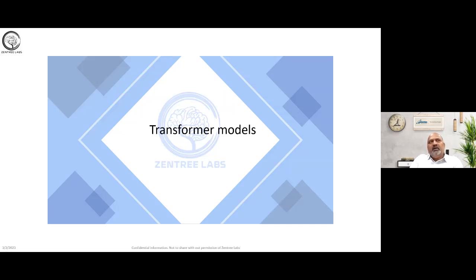So this presentation introduces that concept, how it works, and what the different components of this transformer model are. It would be useful for most beginners.